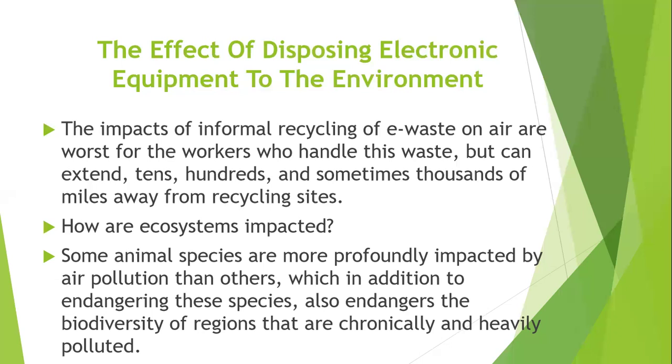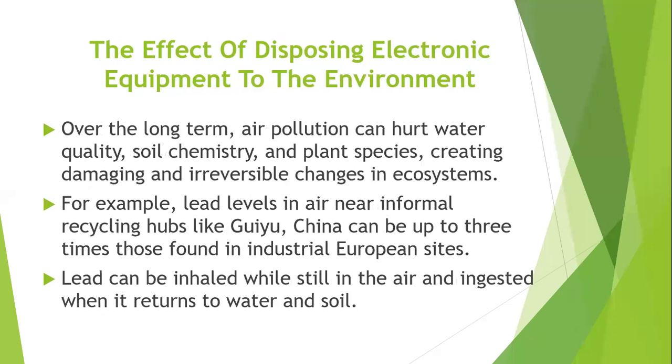E-waste also endangers the biodiversity of regions that are chronically or heavily polluted. Over the long term, air pollution can hurt water quality, soil chemistry and plant species, creating damaging and irreversible changes in the ecosystem. So e-waste can cause very large impacts and pollution that result in irreversible changes to ecosystems.